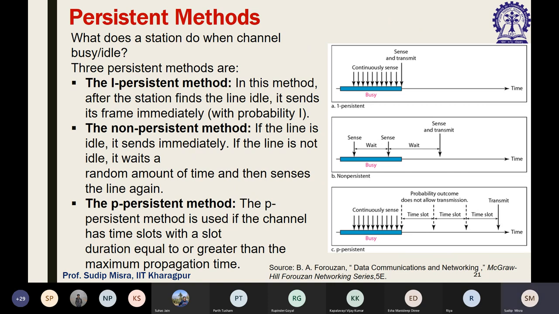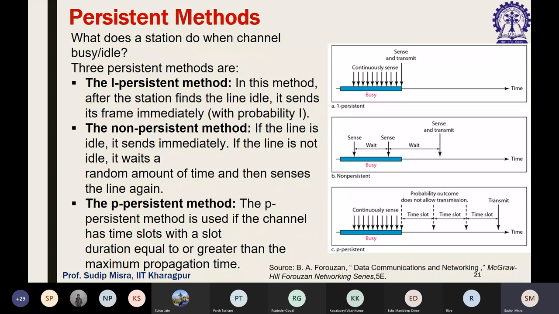For this, there are some persistence algorithms that have been proposed. Different networks use different persistence algorithms. These persistence algorithms dictate what a station does when the channel is busy or when the channel is idle.